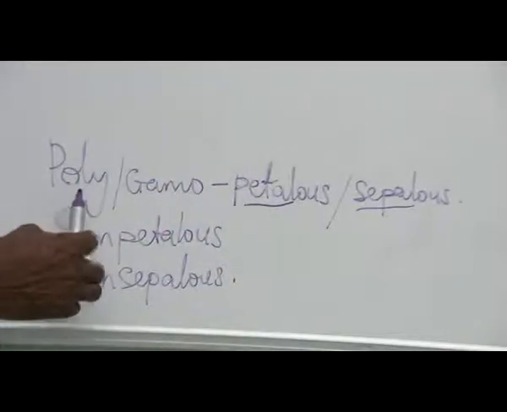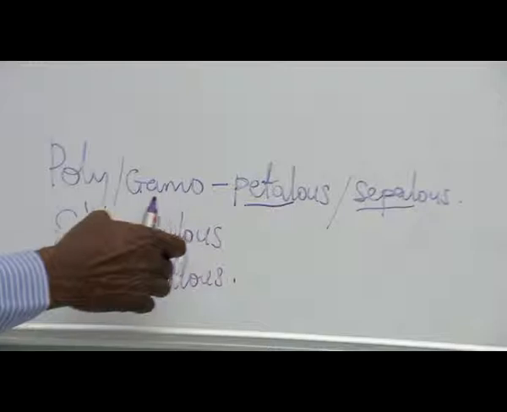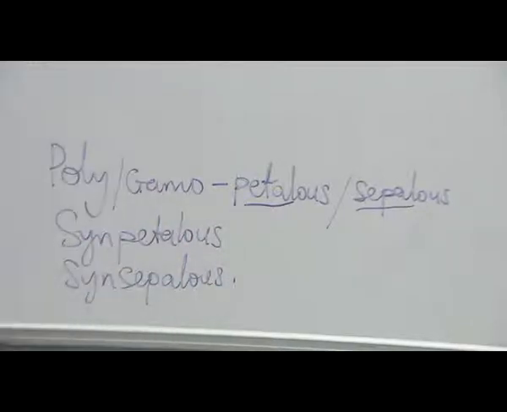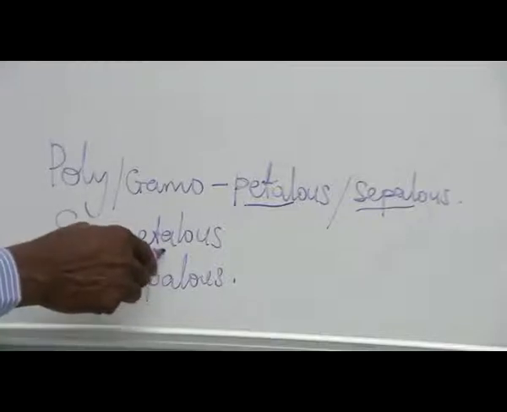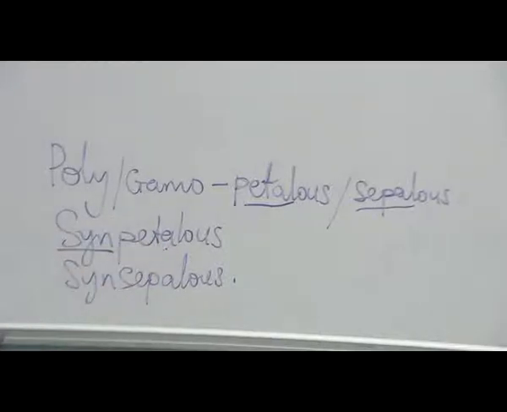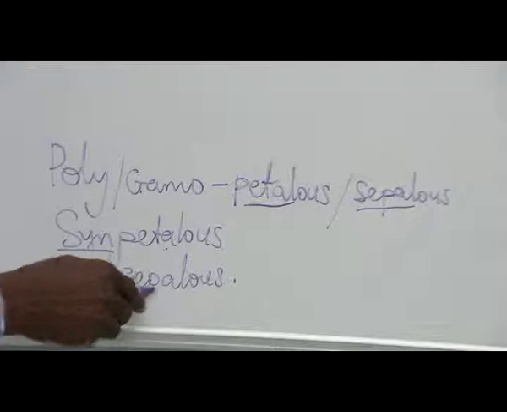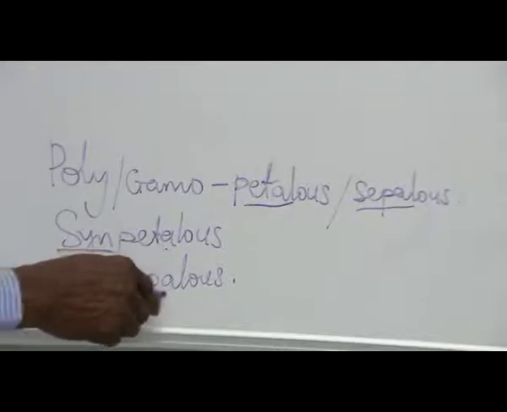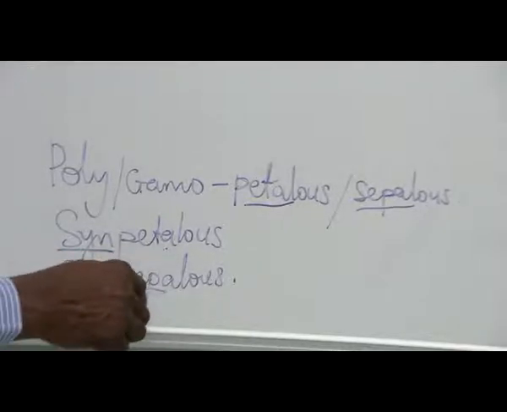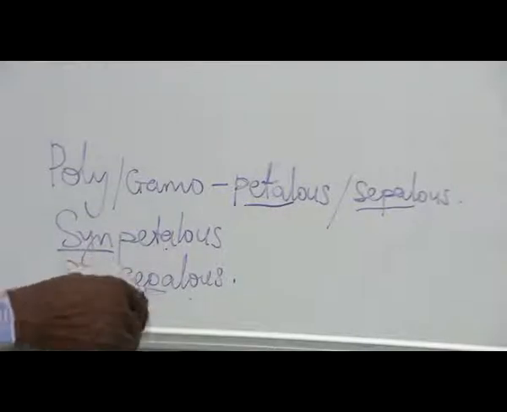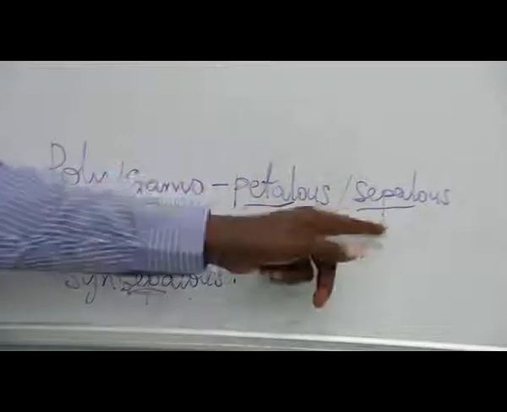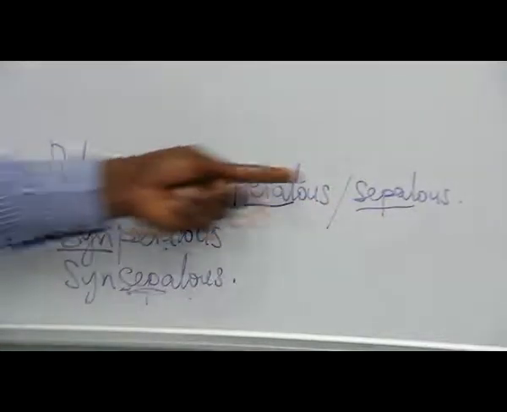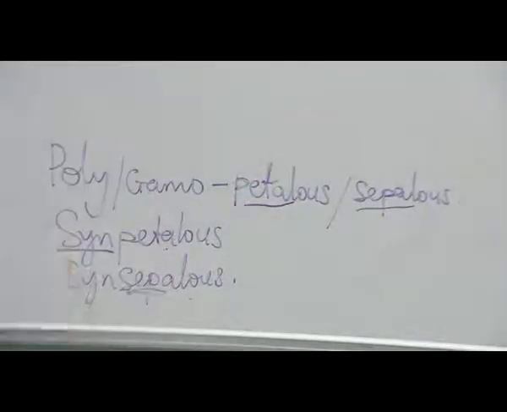When you talk of polypetalous, the petals are free. But when you talk of sympetalous, the petals are fused. When they are referring to sepal, it is referring to the calyx. So synsepalous is when the sepals are fused. When it is polysepalous, the sepals are free.